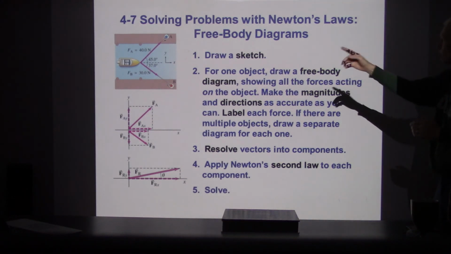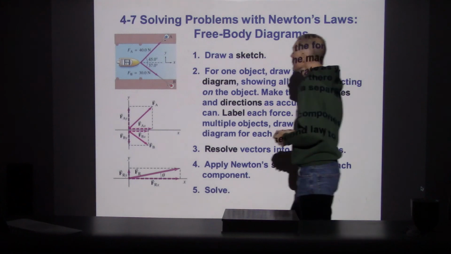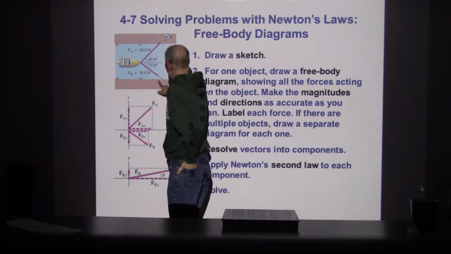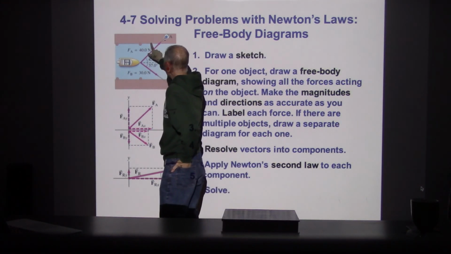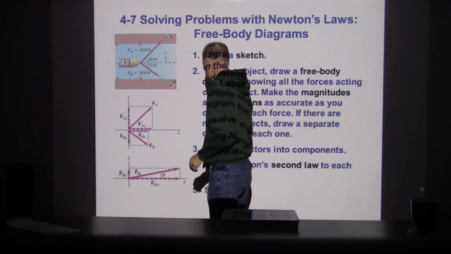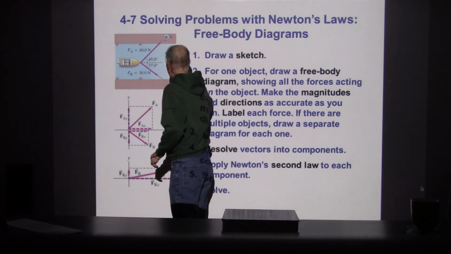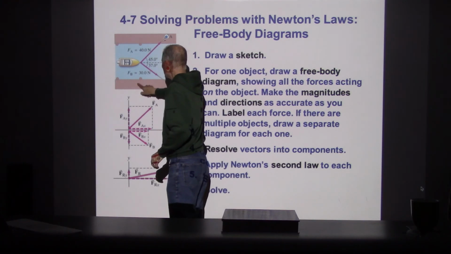In this case, we're going to isolate the boat, and the reason for isolating the boat is they want us to answer questions about these forces. We know how large the forces are, we know what angles they're at, and so we're specifically going to be adding together these forces acting on the boat.